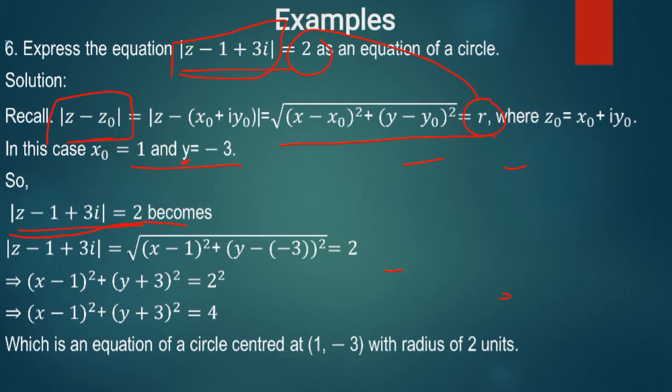Okay, so now we're just simply writing our values. We'll take this, which is what you see here, and equate to r, which is 2. X naught is 1, so that's why you see 1 plugged here. Y naught is minus 3, that's why you see minus 3 there. Okay, so you just simplify now.